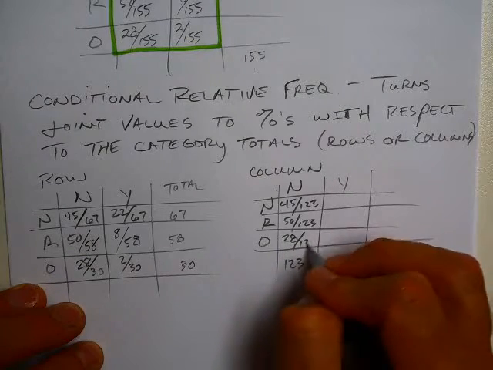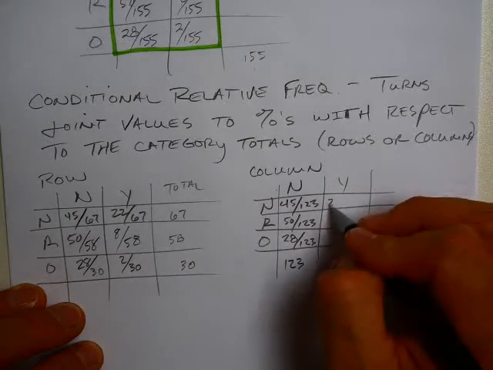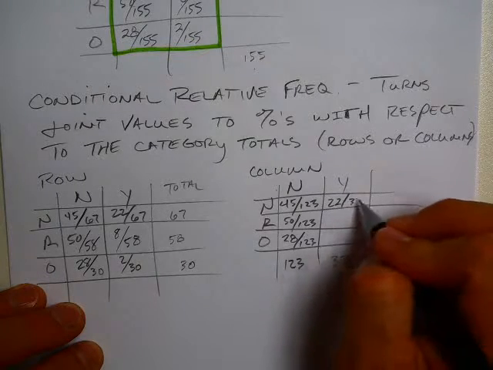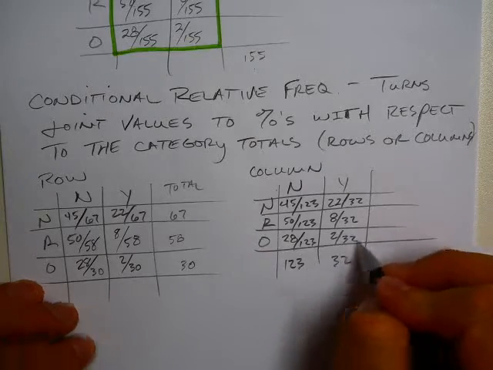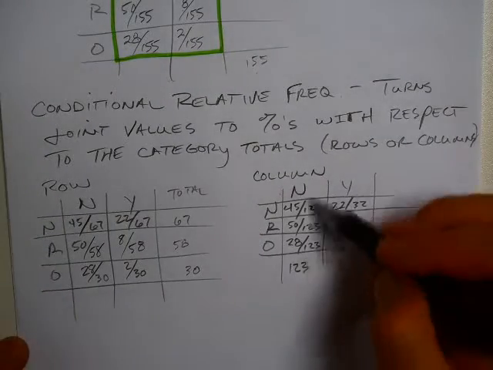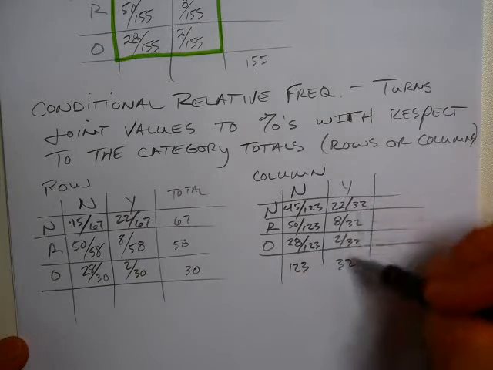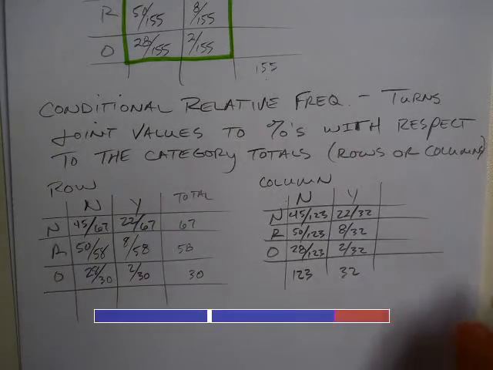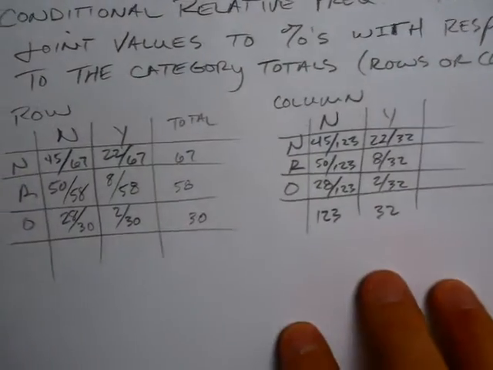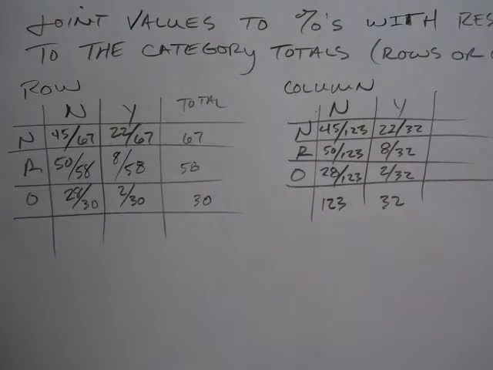Over here we're going to have 22 divided by 32, and 8 divided by 32, and 2 divided by 32. And those all turn into percents. This would be 100% of the no's, and this would be 100% of the yes's. So again, we would turn those into decimals. You could have rounding error. That's totally okay. Remember, it's the science of approximations.